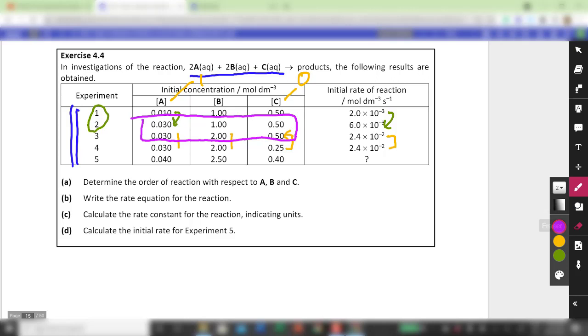You notice that, maybe let me erase this so that you can see it more clearly, my initial rate quadruples from 6.0 times 10 to the power minus 3 to 2.4 times 10 to the power minus 2. So when I double this, this actually quadruples. This is typical of second order kinetics. So in this case, the order of reaction with respect to B is therefore 2.